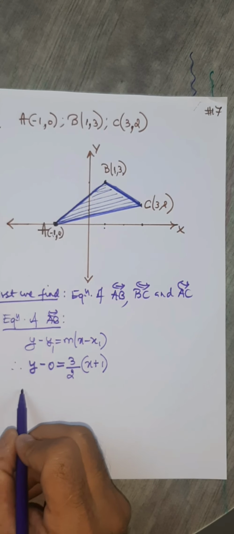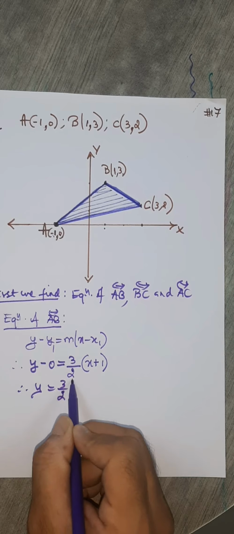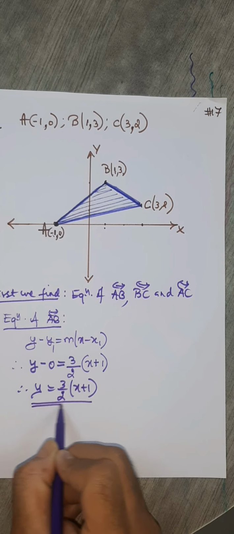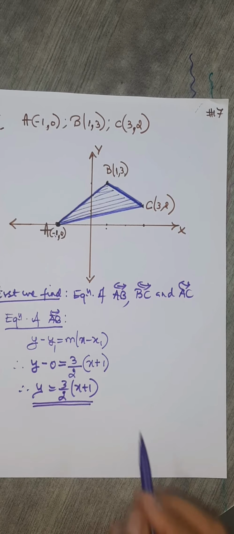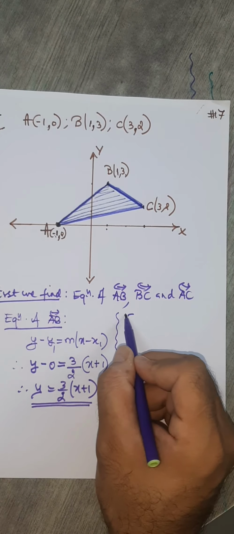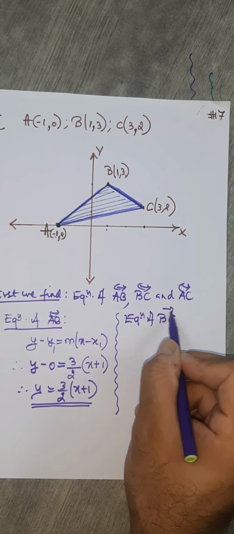Okay, no need to simplify. We need y equals something form, so y equals 3 by 2 x plus 1 has come. This is the equation of line AB. Remember, there should not be any mistake. If there is any calculative mistake, your final answer would be wrong, remember.